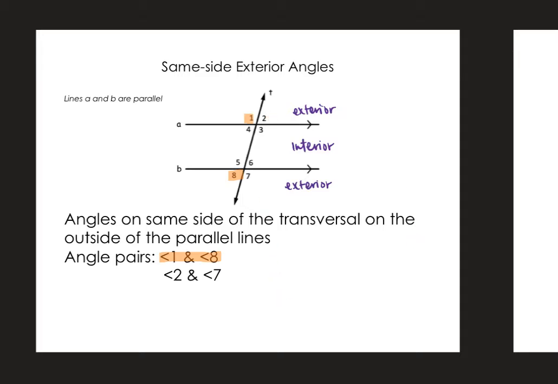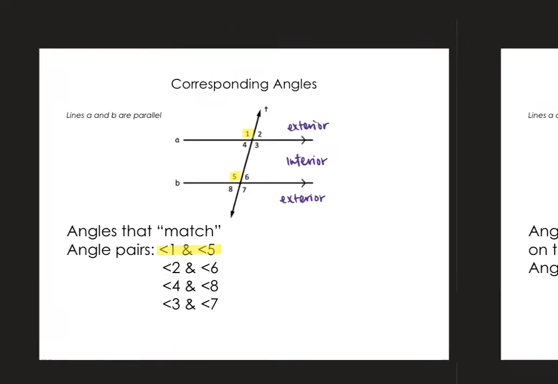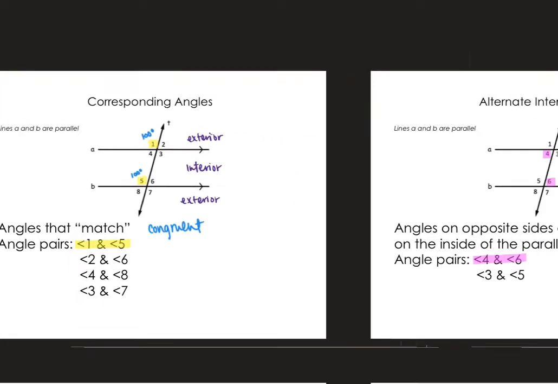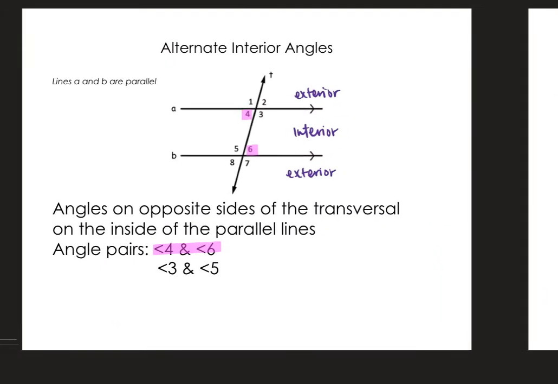So going back to corresponding angles, the relationship that corresponding angles have is that corresponding angles are congruent. So for instance, if angle 1 were 100 degrees, that would mean angle 5 would also be 100 degrees. Alternate interior angles are also congruent, which means they're equal.